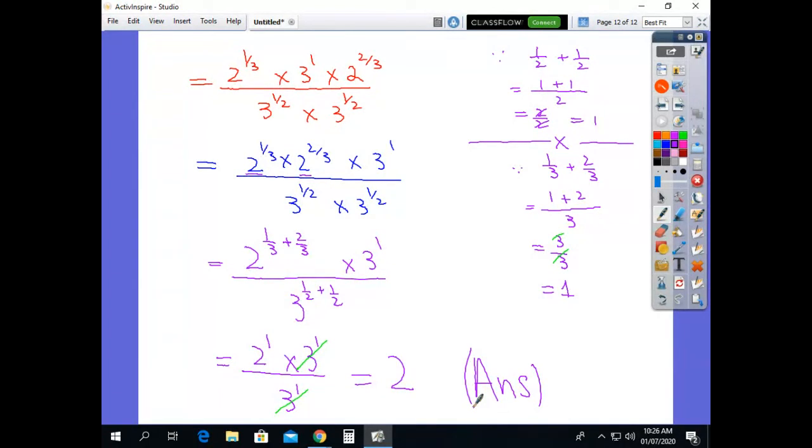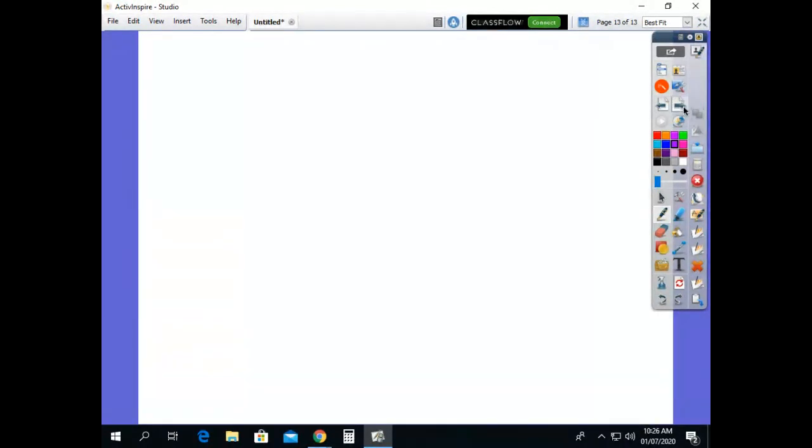Okay. Now we have only 4 minutes and we solve question number 3, part number 3. Inshallah, we solve it within 4 minutes. Question number 3, part number 3. The part number 3 is 5 raised to power 2 raised to power 3, divided by 5 raised to power 2 bracket 3. There is a difference between these two numbers.